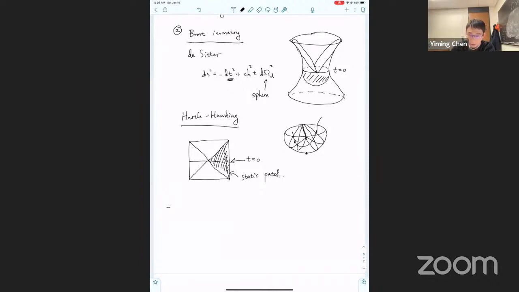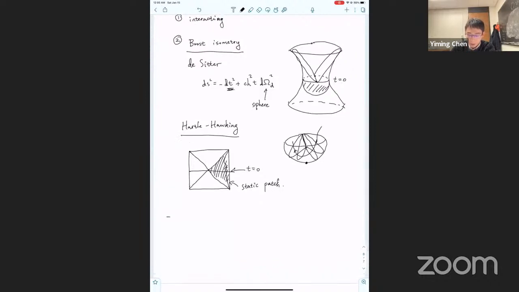Oh, it's just I want to draw an analogy to the Minkowski case. As you see, the Hartle-Hawking vacuum is defined as a vacuum with respect to the global time coordinate t. So it's kind of an analogy to the Minkowski vacuum. Of course, this statement is not entirely true because in the Minkowski case there is no particle, but there are particles in the Hartle-Hawking vacuum.